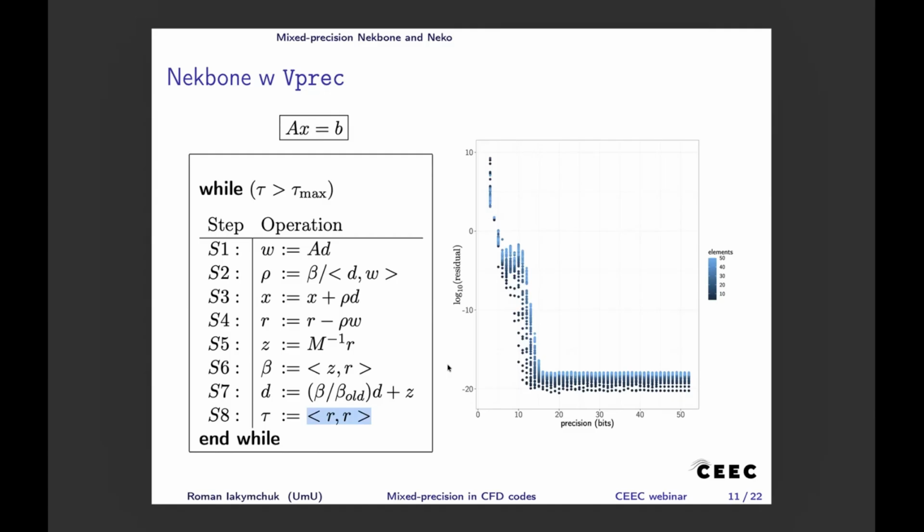We can see that at some point we have a plateau, a flat line, and this indicates that the more bits we use, the accuracy won't be improved. The plateau starts from approximately 16, 17 bits. So it means that we can safely use single precision, which requires 23 bits of mantissa.